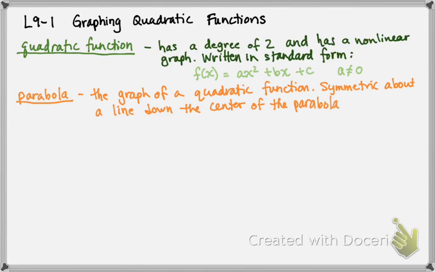And this line has a very important name: it's called the axis of symmetry. When we were doing a problem about an arch, where we were trying to figure out what the high point was, it was basically introducing this idea. Now, let's talk a little bit more about that axis of symmetry.